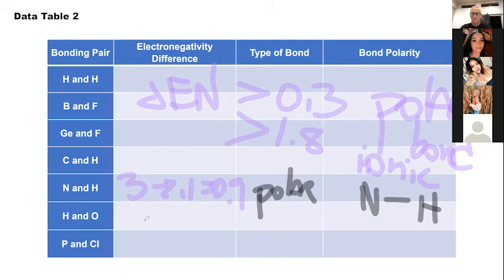The more electronegative. So who am I going to be pointing it at? Nitrogen. Right. So it looks like that. I think that table has about 15 or 16 of these, so you should be able to blast through that pretty easily.